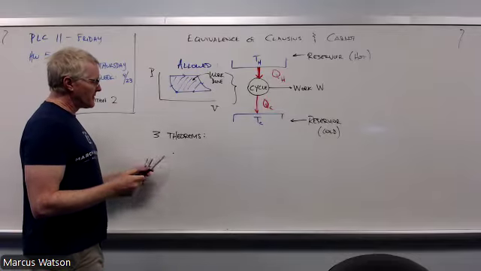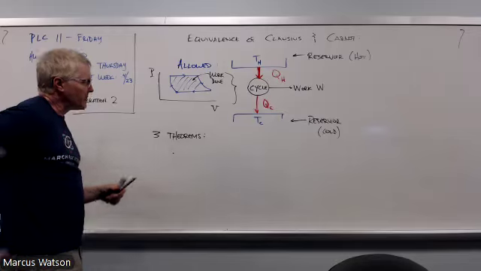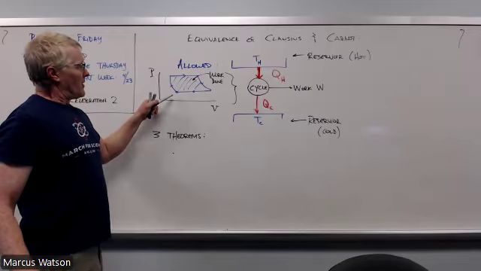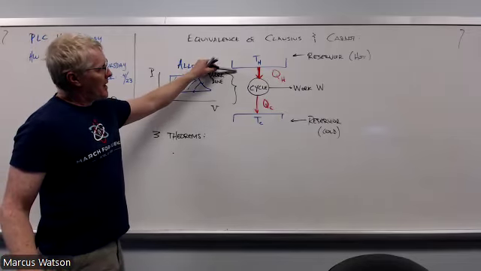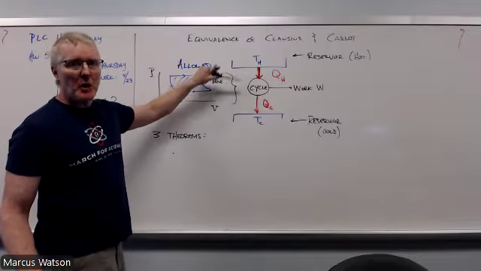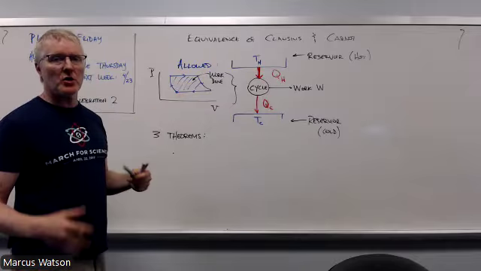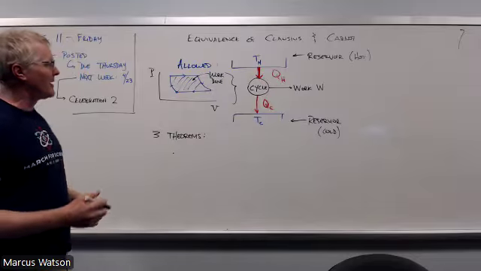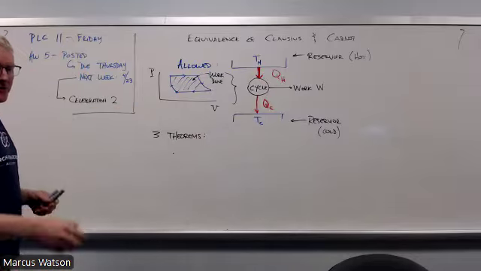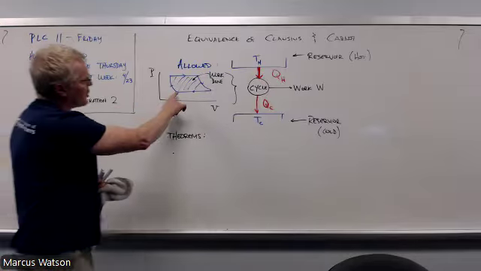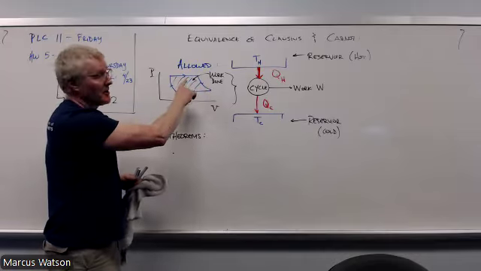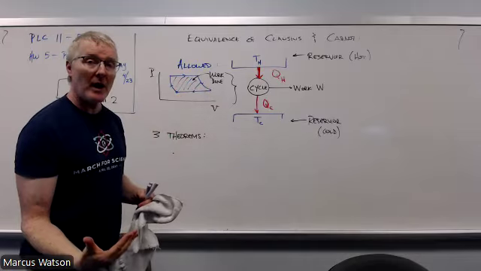Now, one of the theorems that we run into here is that there's no more efficient way to do this than with what's called a reversible cycle. So in other words, when I think about how to cause these processes to happen, I'm going to do them in a reversible way.